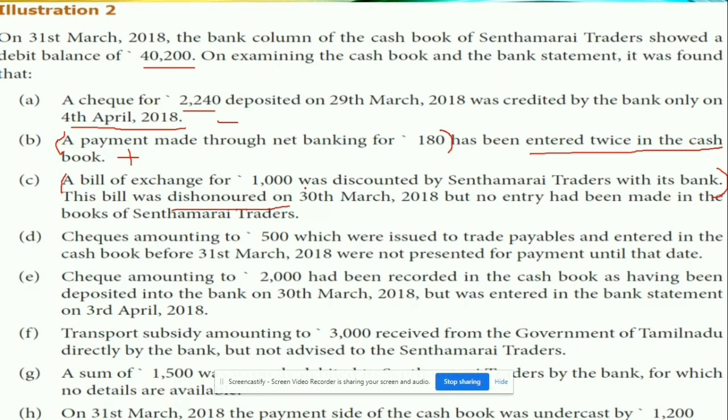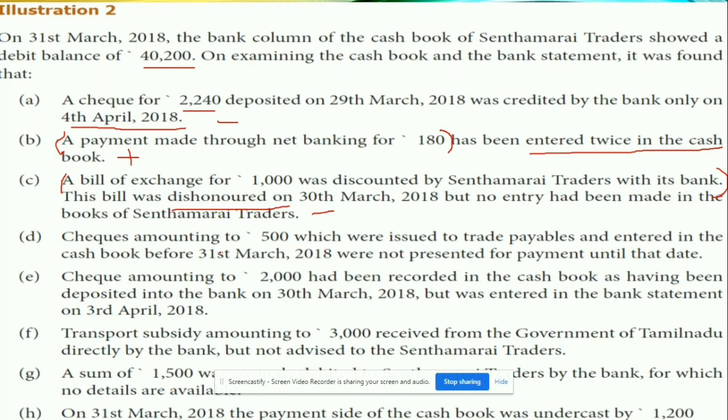Like a check dishonored or a bill dishonored, the money won't be received. In a simple word, a bounced check means we have not received the money for the checks or the bills we have paid into the bank. So automatically, if you are not receiving money, it will be shown on the lesser column of our bank.